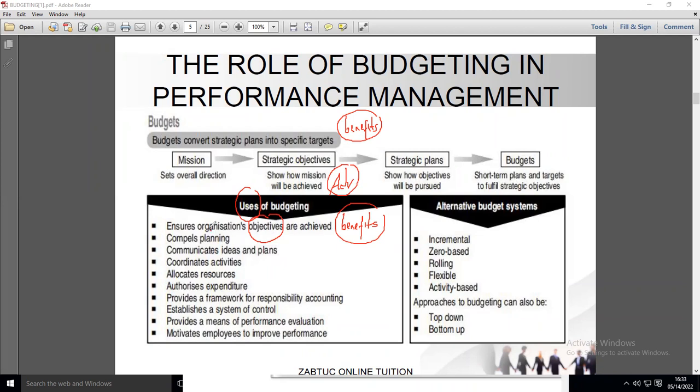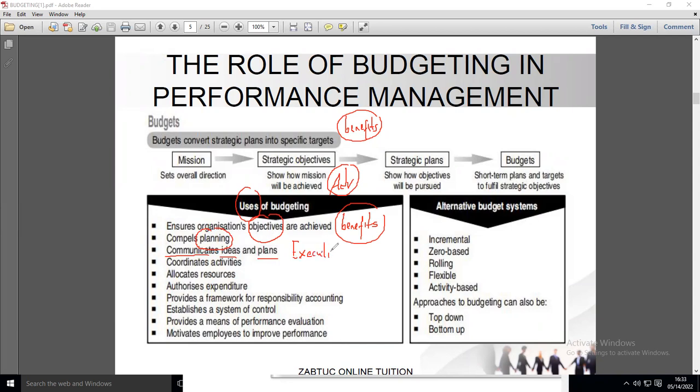A budget compels planning. It forces an organization to plan. It's a communication of ideas and plans from senior management, from the board, to the people who work in the organization or to the executives.